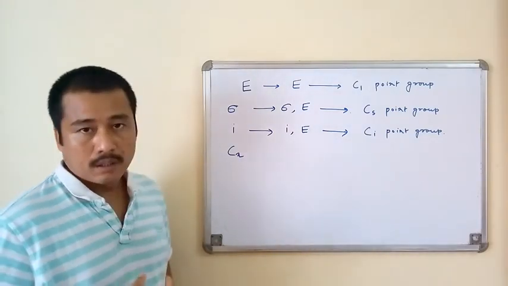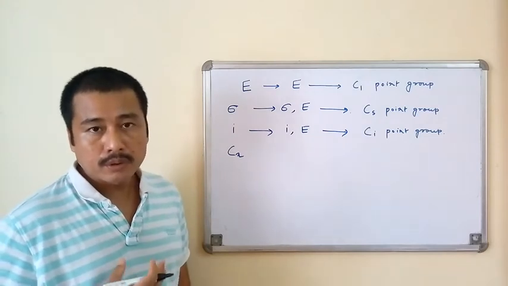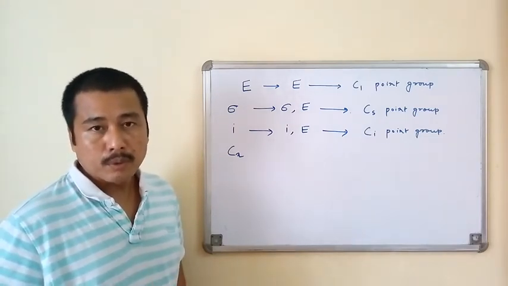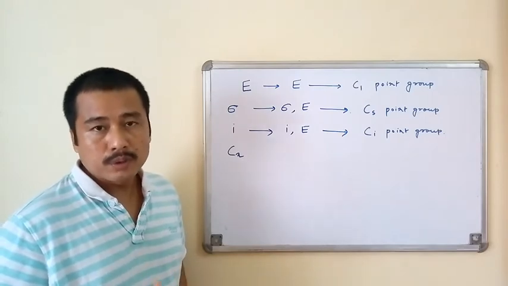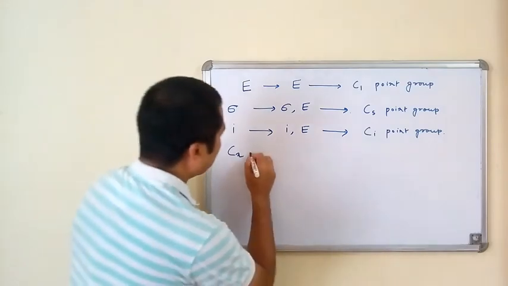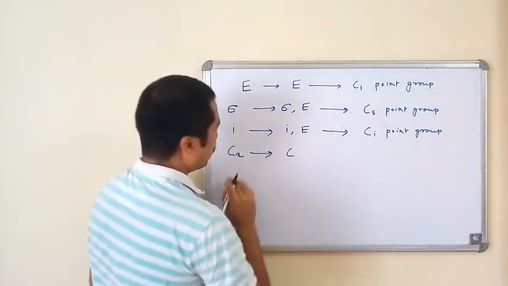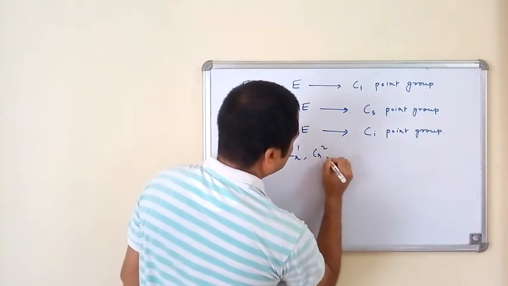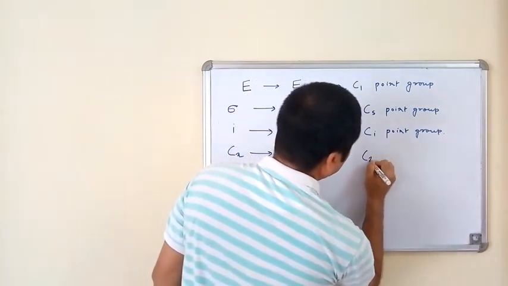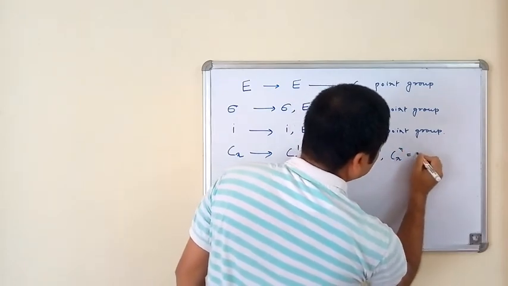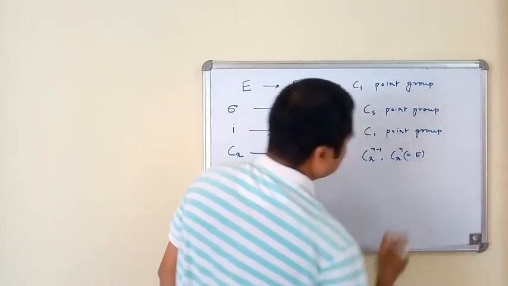Now, unlike a plane of symmetry or center of symmetry, a proper axis of symmetry may produce more than two symmetry operations depending upon the value of n, because we know the Cn axis of symmetry can produce Cn1, Cn2, and we can go on until Cn^(n-1), and then Cn^n is equal to identity.